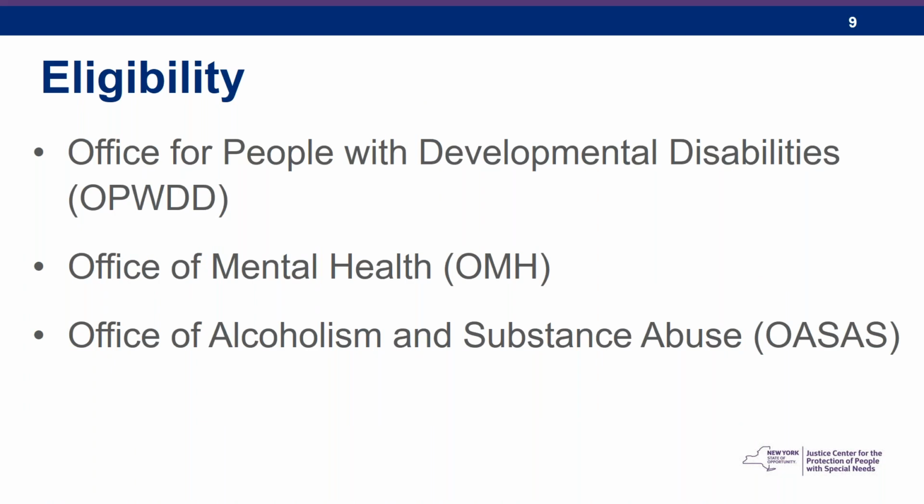Eligibility and jurisdiction. How do we determine how someone is eligible? So we begin with what type of service recipient they are, and the eligibility will differ slightly between someone who's eligible because of OPWDD or because of their history as a service recipient through OMH. For the purposes of today's process, I'm going to focus mainly on OPWDD. So if someone is or has been a service recipient through OPWDD or an agency under the auspice of OPWDD, they would qualify for surrogate decision making, and that includes even a residential placement.